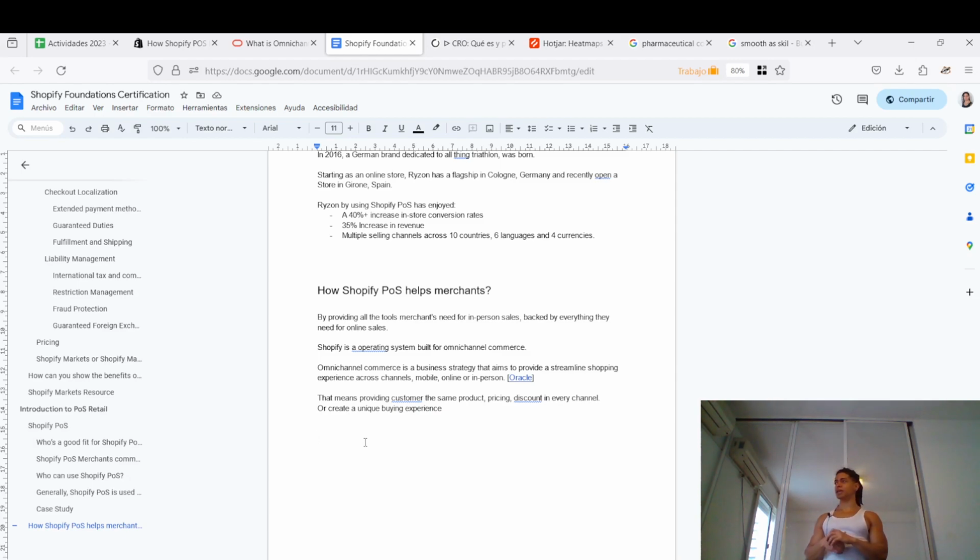Because the problem here is how you make the merchant experience consistent as well as the customer experience, by offering the same product, price, and discount, or by providing customers a unique buying experience.